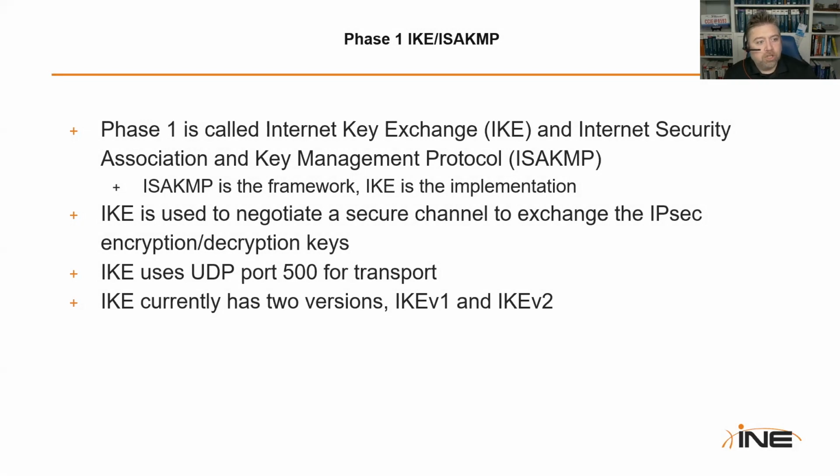So the first portion of this is what we call the Internet Key Exchange, or the Internet Security Association and Key Management Protocol, either IKE or ISAKMP, where ISAKMP is the framework and IKE is the actual implementation. So the goal here is that IKE is used to negotiate a secure channel to exchange the IPsec encryption and decryption keys.